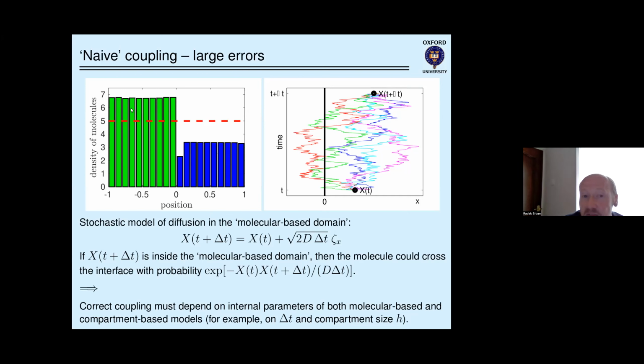They both have to be included, because as I change them, I change how frequently molecules cross the interface. That brings the additional challenge of how to find these transition probabilities, which correctly simulate this transition of molecules.